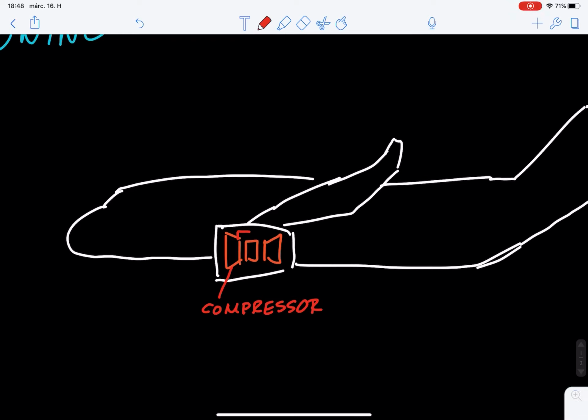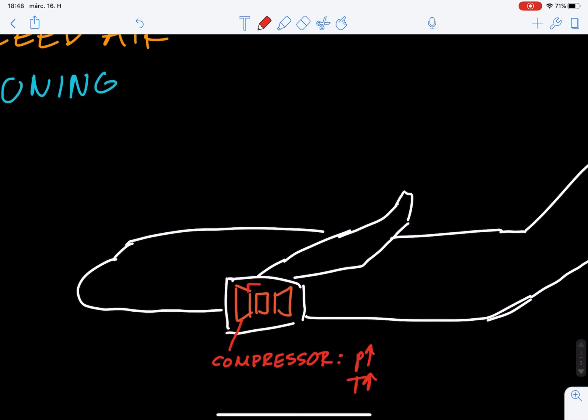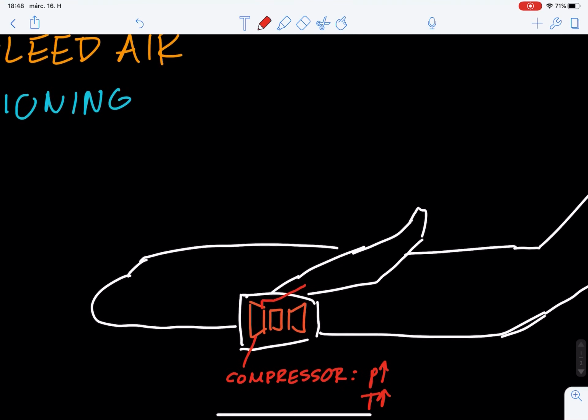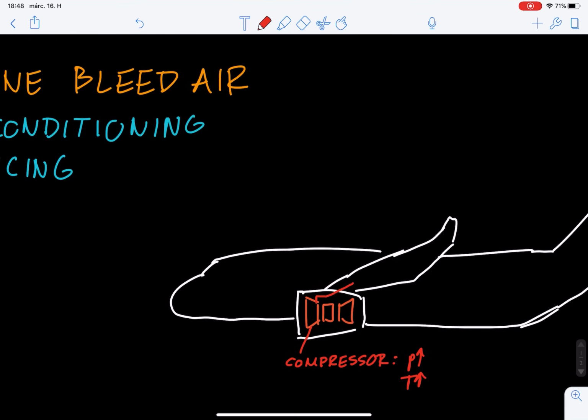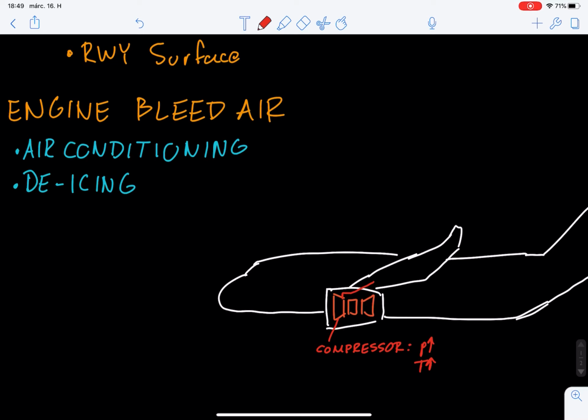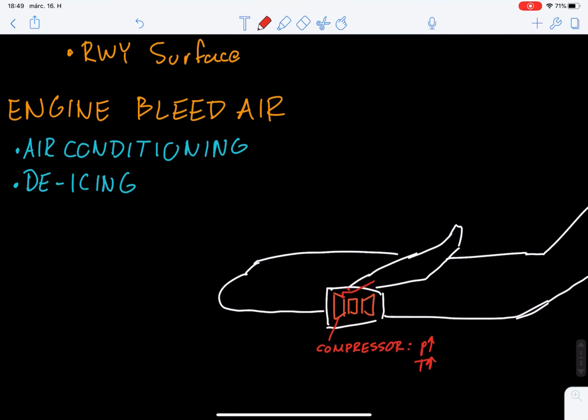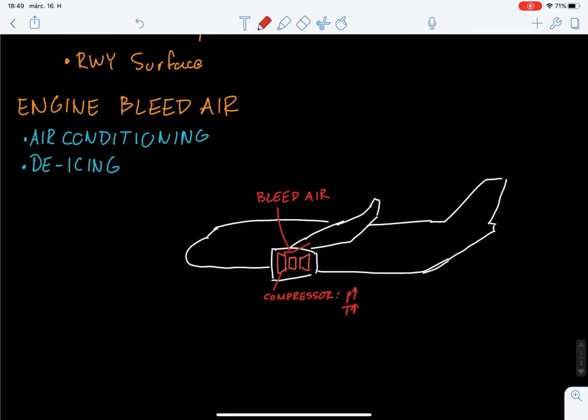So this is high pressure, high temperature air, and they bleed this air into the so-called bleed air system, and then it's distributed to the different systems. They bleed it because this pressure is then not used to generate thrust in the engine. So they bleed away this air. It's not used for thrust generation as it's originally intended.